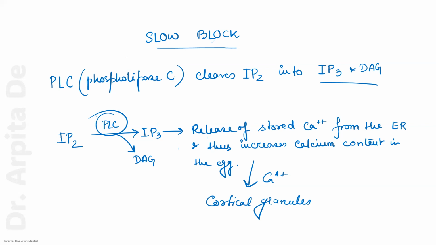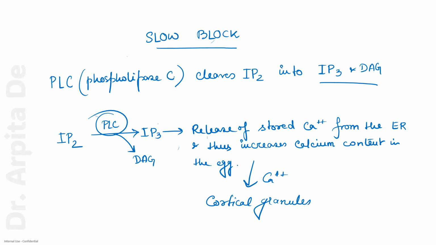Had there been no release of calcium, this would have never happened. So the slow block is also called cortical granule mediated block to polyspermy. Clear?